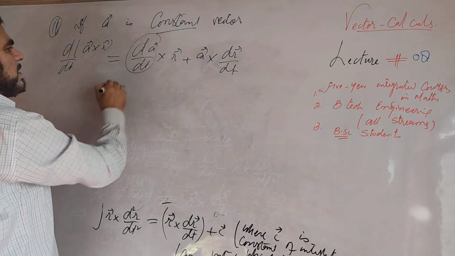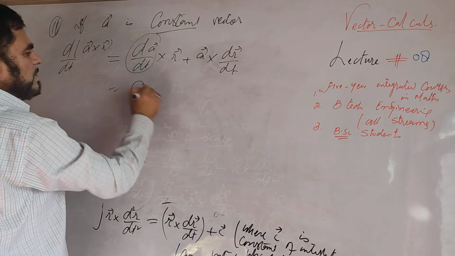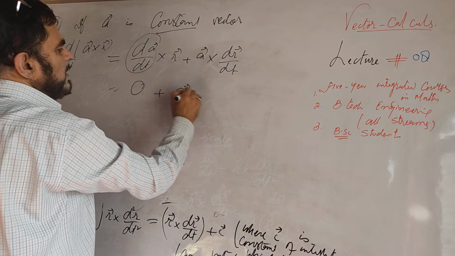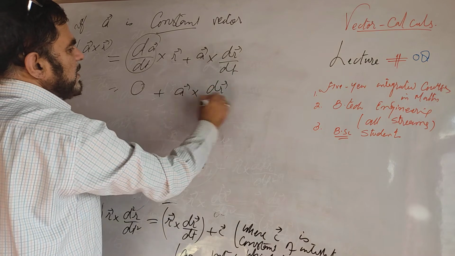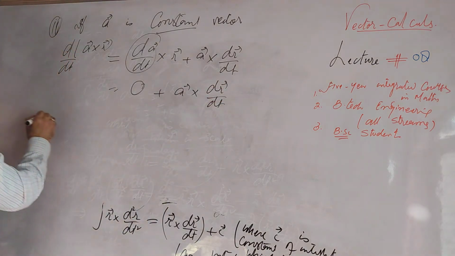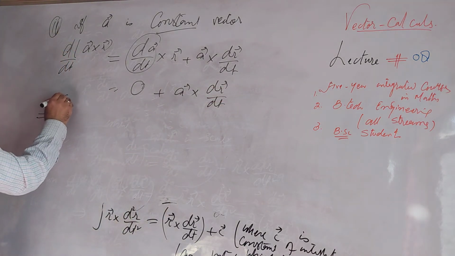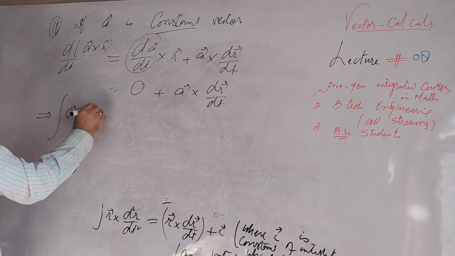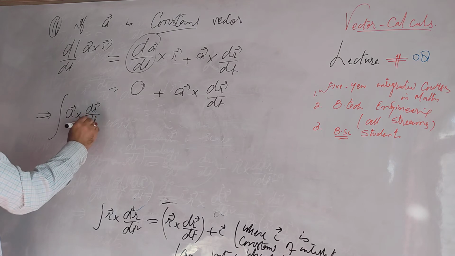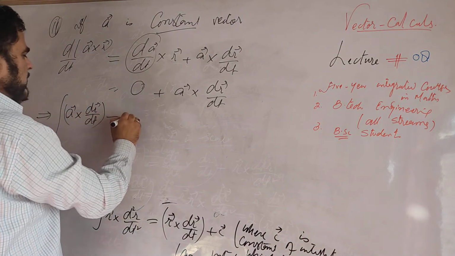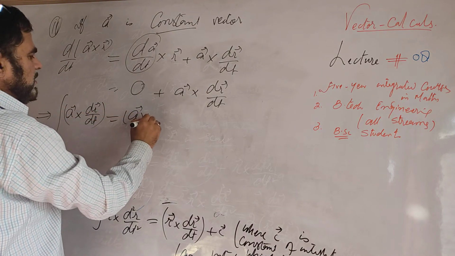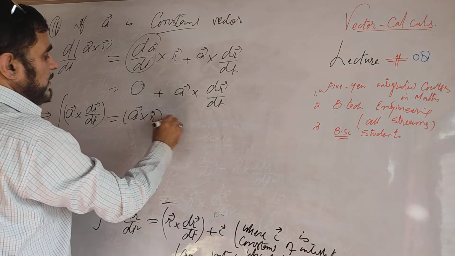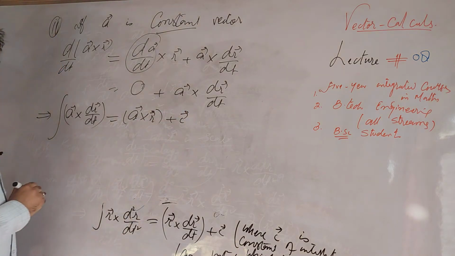Now A is constant, the derivative of a constant is 0, plus A cross dr by dt. That implies that the integral of A cross dr by dt is simply A cross R plus C, because A is a constant vector.